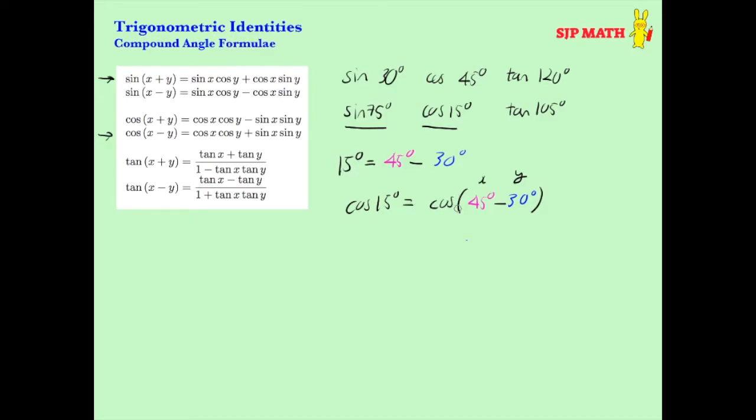So according to the equation, this will be equal to cosine of x, which is cosine of 45 degrees, times the cosine of y, which is the cosine of 30 degrees, plus the sine of x, which is the sine of 45, times the sine of y, which is the sine of 30.